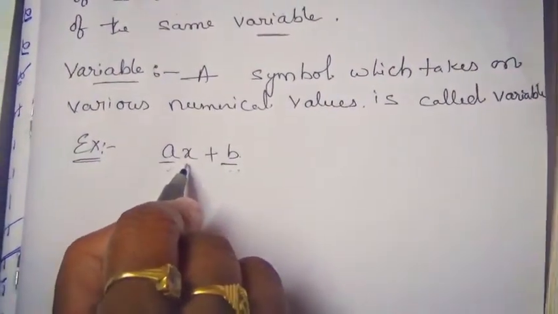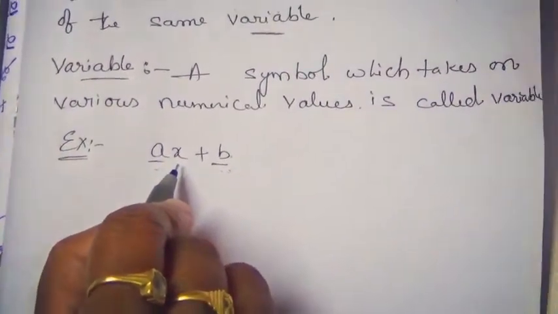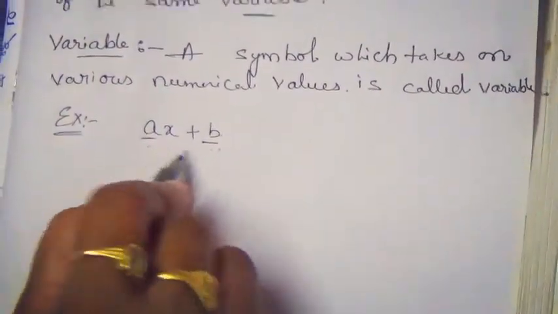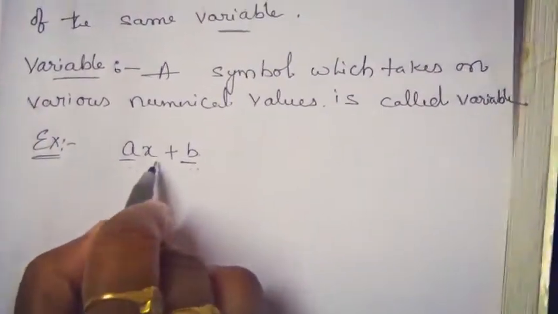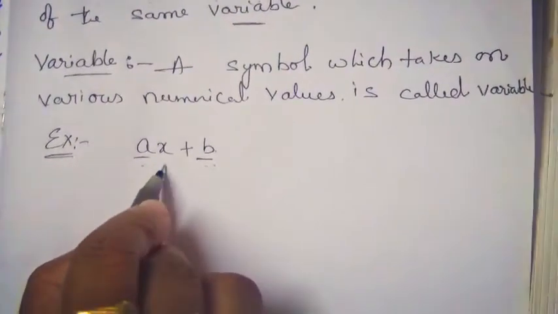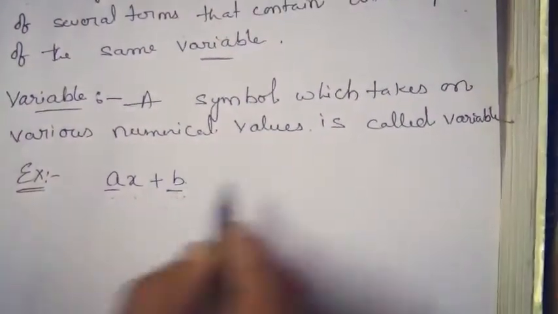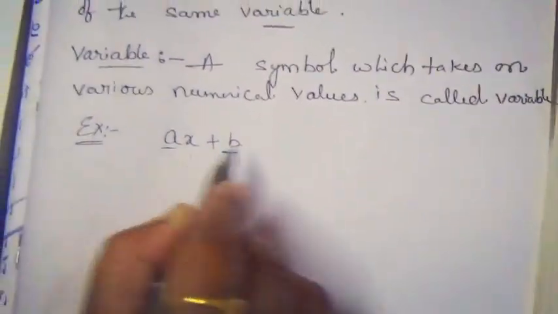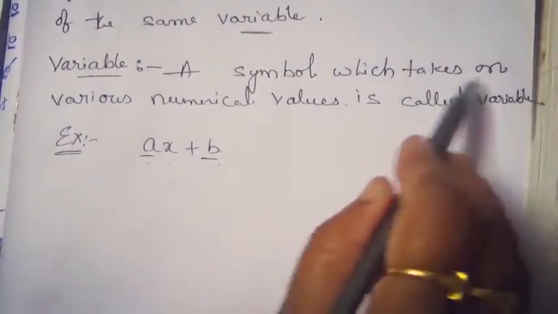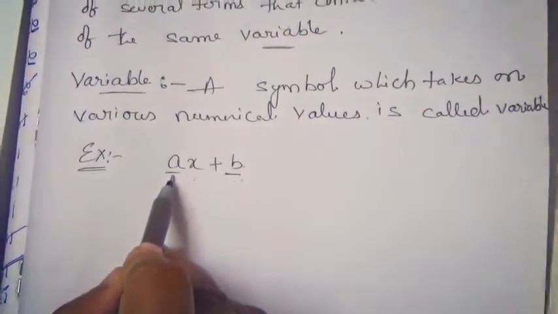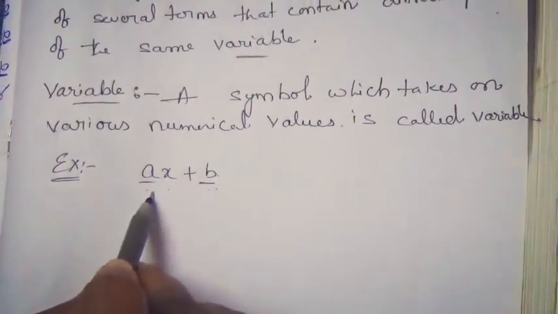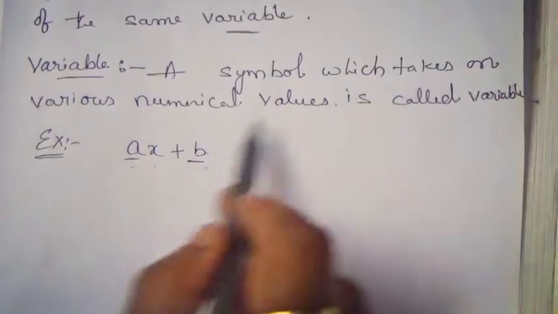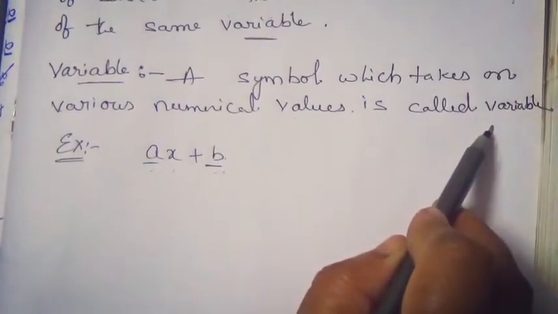When you write x, y, z like that, these symbols which we use as variables are symbols which take on various numerical values.